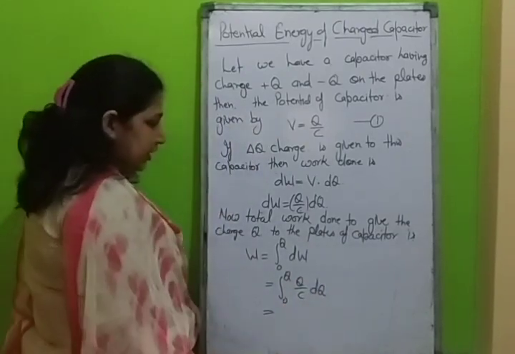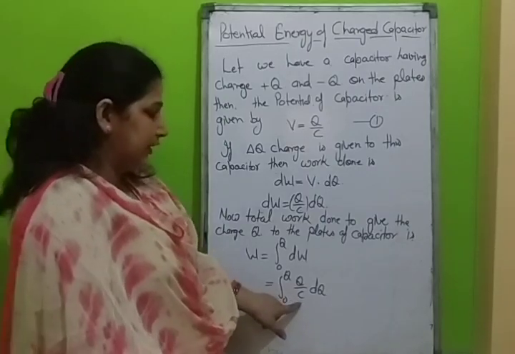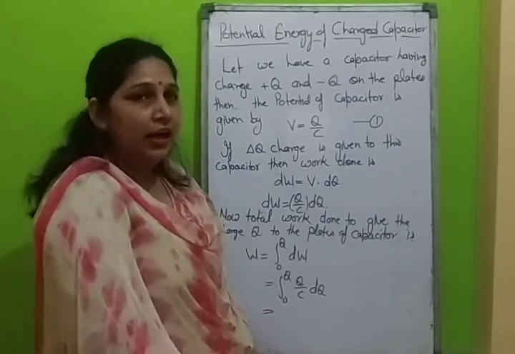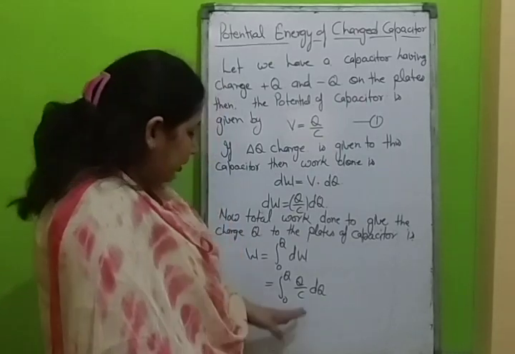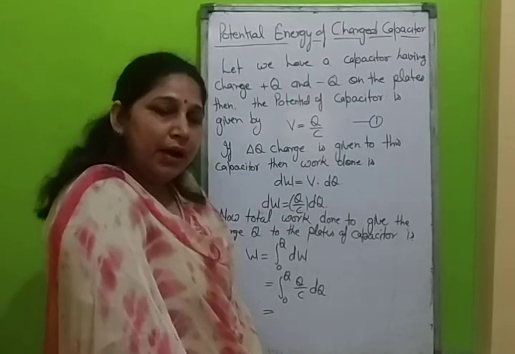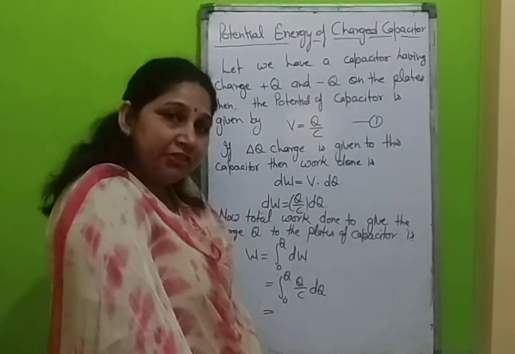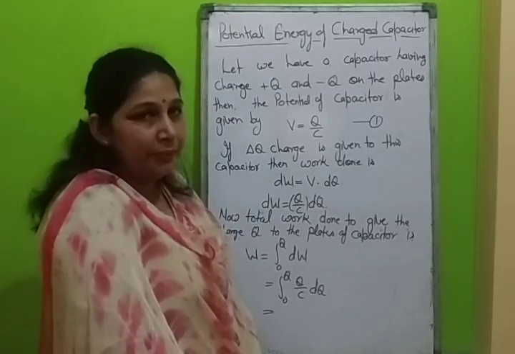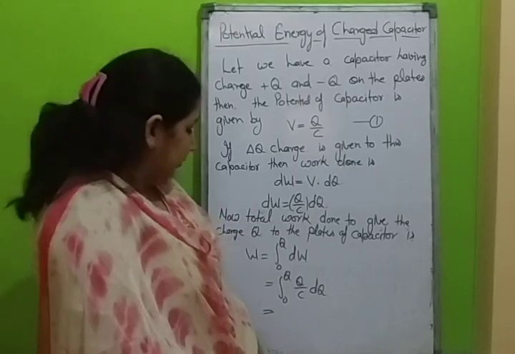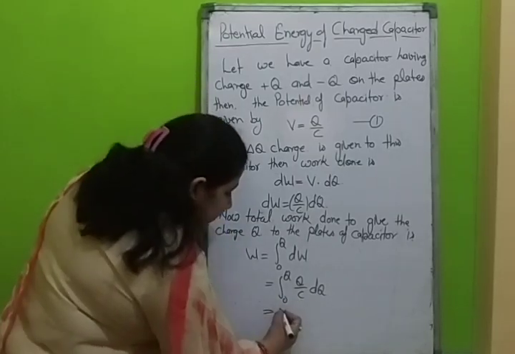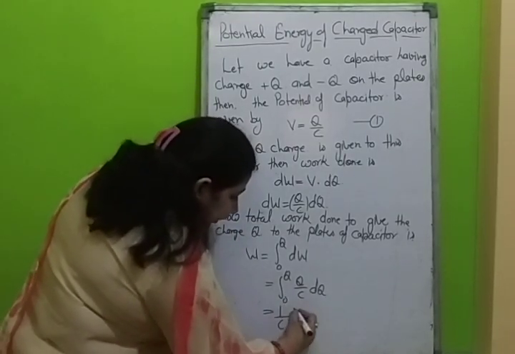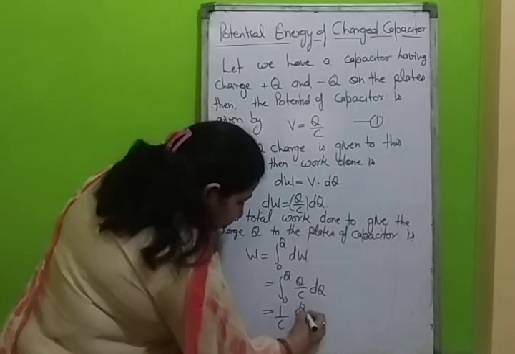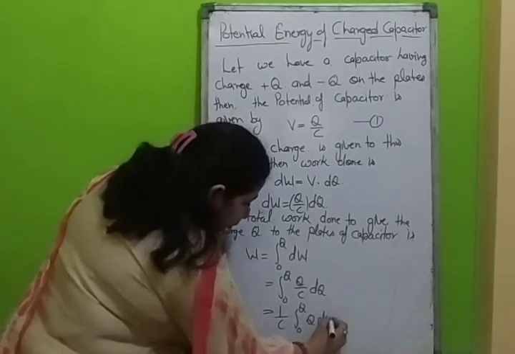And when we consider any capacitor, then definitely C will not change until and unless we replace it by another capacitor having a different area of plates, different distance between the plates and different material between the plates. Then C behaves as a constant. We will take it outside the integration, integral from 0 to Q of Q dQ.